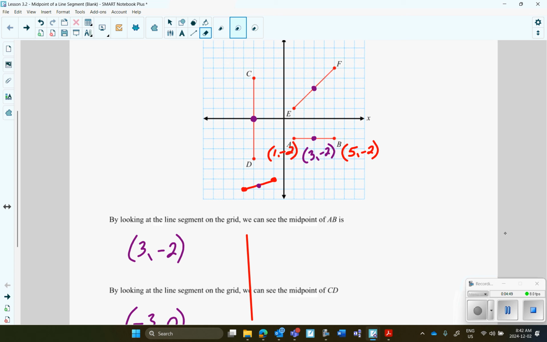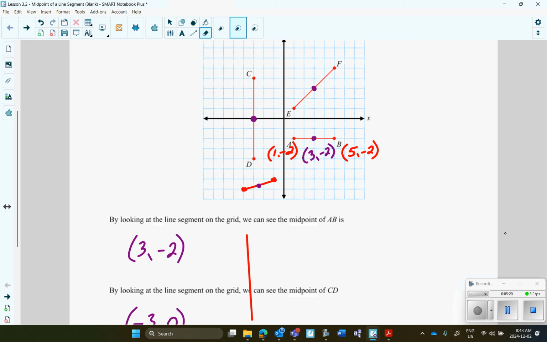What number is halfway between 2 and 10? Can you get that without counting? Come on, you guys. All right. What number is halfway between 2 and 4? 3.